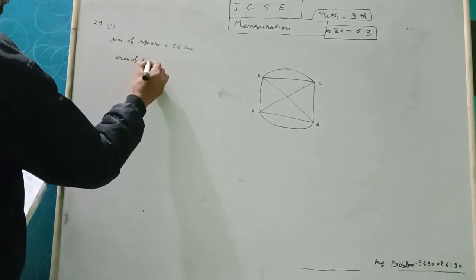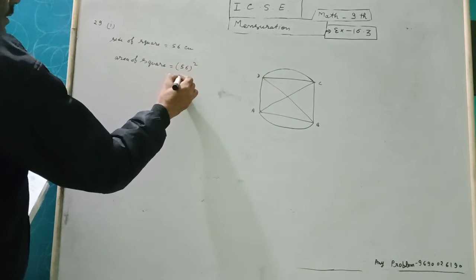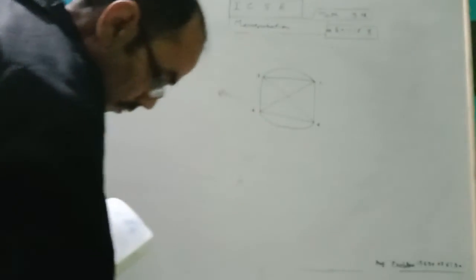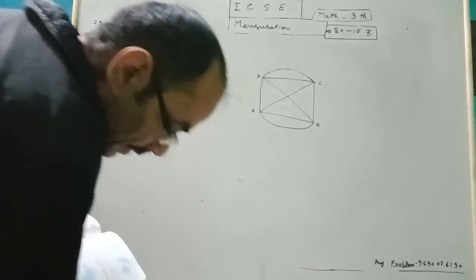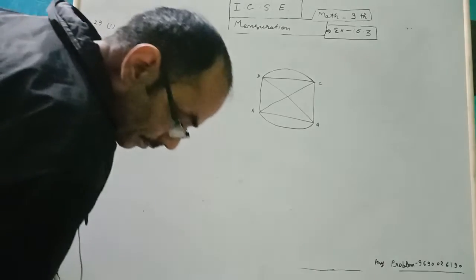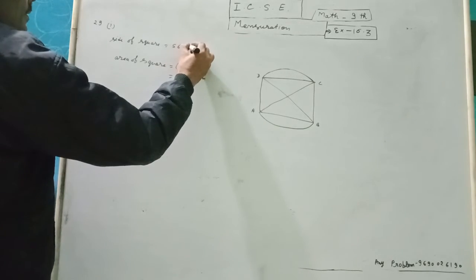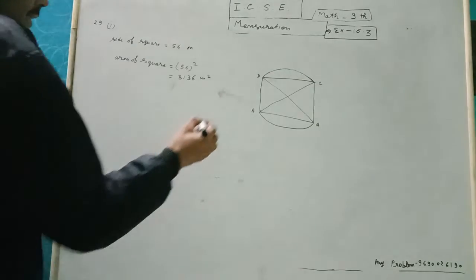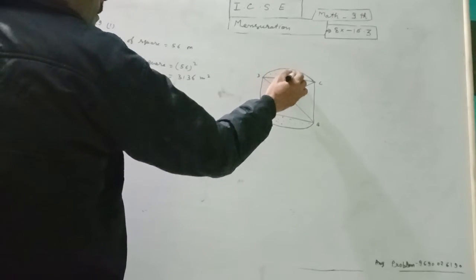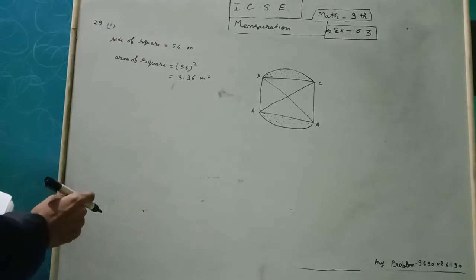Area of square, 56 square, is equal to 3136 meter square. 3136 is the area of the complete square.